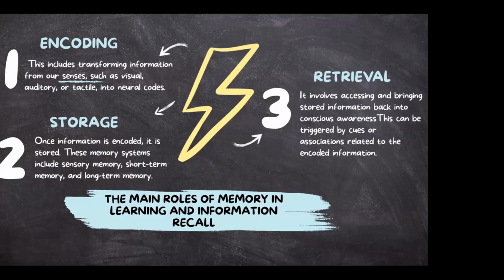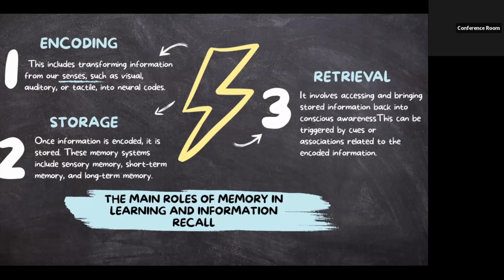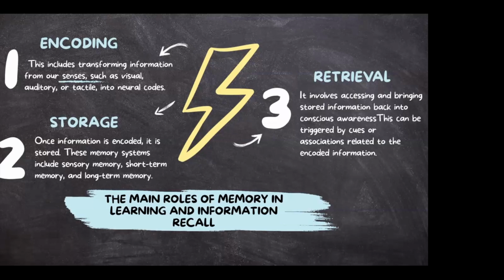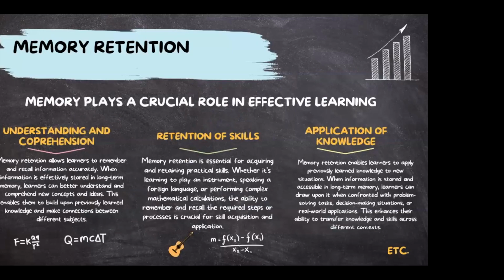First it is encoded, then it is stored, and at last, after the storage of that data, we retrieve it and bring that experience or knowledge back into our life when we want it. So this is the process.